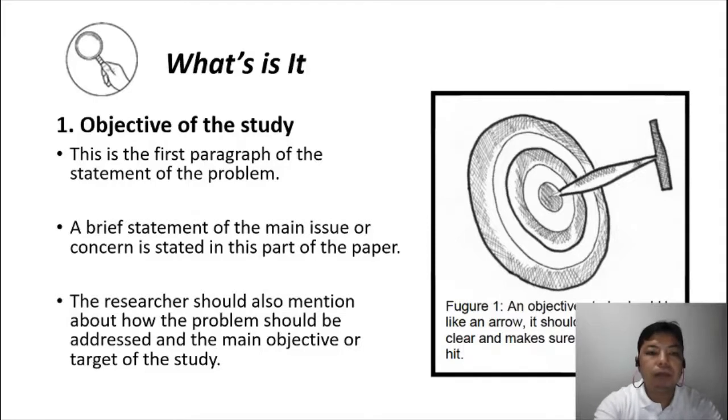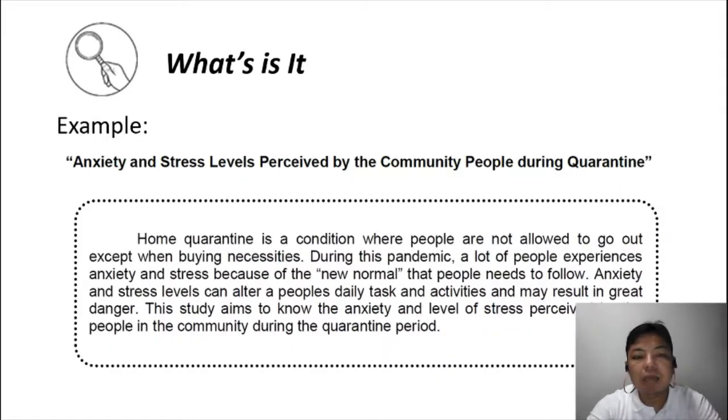Okay? So, here is an example of the objective of the study within the statement of the problem. So, the title of the study for this particular research is Anxiety and Stress Levels Perceived by the Community People During Quarantine. So, let us read the objectives of the study.